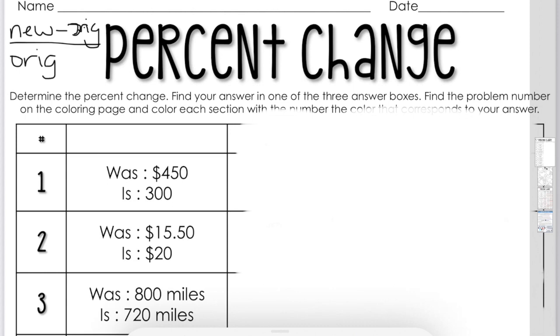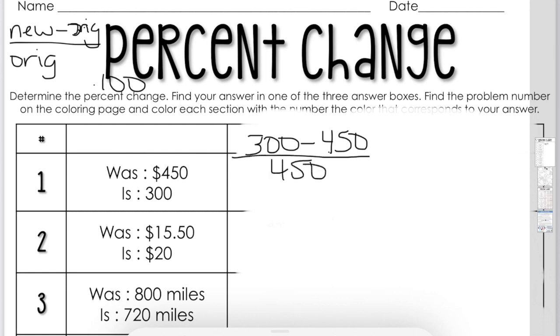And then again, you would multiply by 100. So our new amount is 300. And again, you use absolute value here. So 300 minus our original amount of $450, and we're going to divide that by our original amount, which is $450.